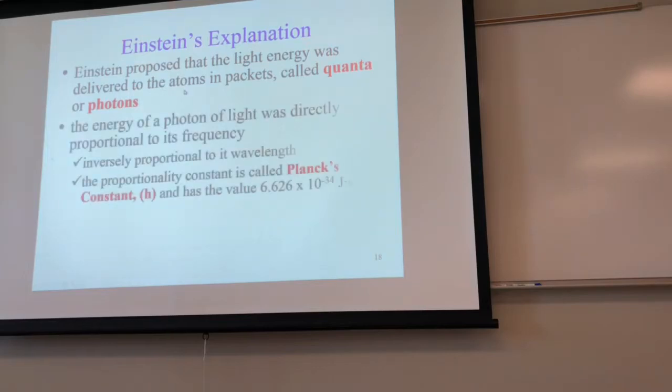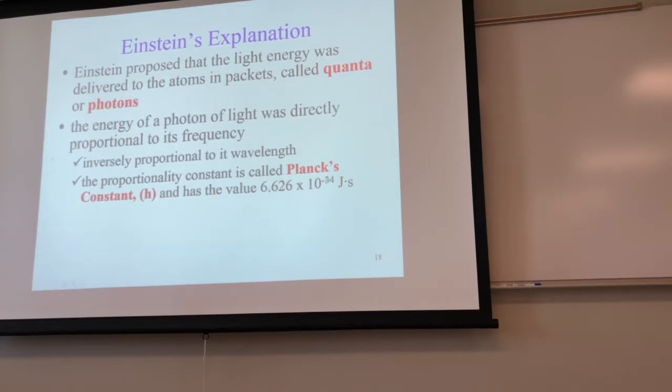So this kind of made sense. Mathematically, you could actually calculate the energy associated with this by understanding the frequency of that particular light and knowing a constant. And that constant is what is called Planck's constant and is given the symbol h.